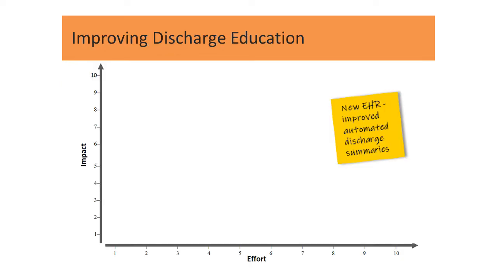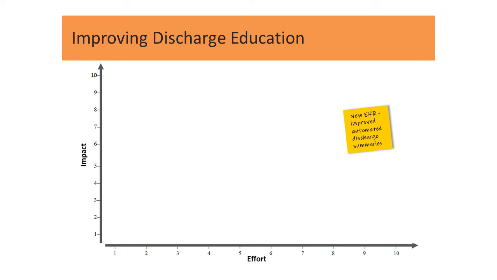A new electronic health record could help streamline key care plan elements necessary for comprehensive discharge education. It may also help by ensuring staff document that teach-back was performed at discharge. But the resources necessary, including time, cost, and training, make this strategy less desirable for immediate results.